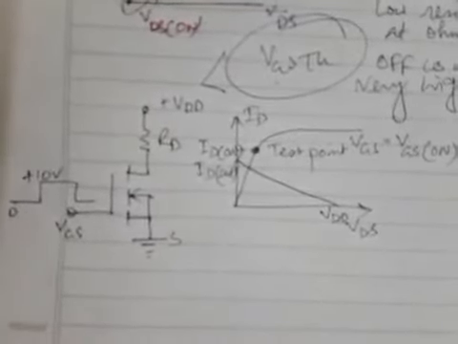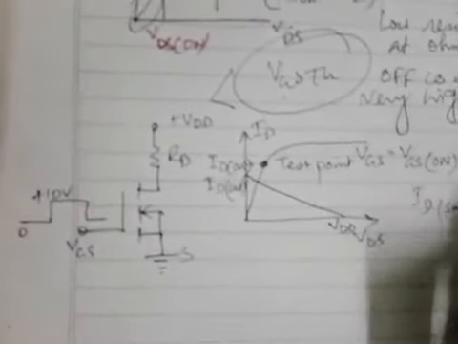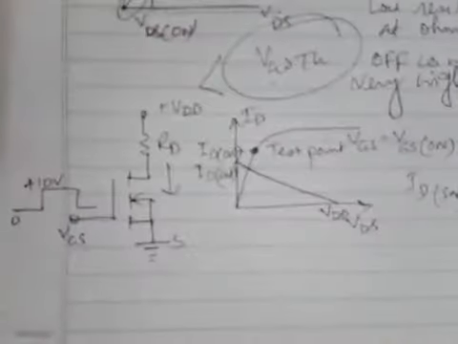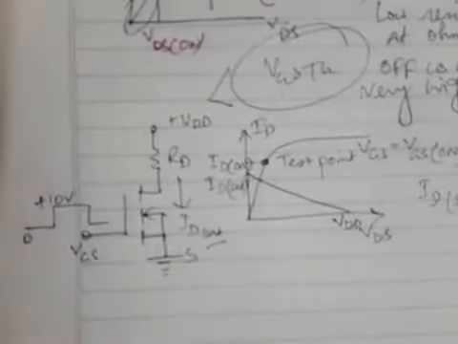Let us apply a positive pulse between gate and source. The source is grounded, so between gate and source a positive pulse of 10 volts is applied, and we can say the drain saturation current in this circuit is given by ID sat equal to VDD divided by RD. That means this voltage divided by this resistance is the current called the saturation value of the drain current.